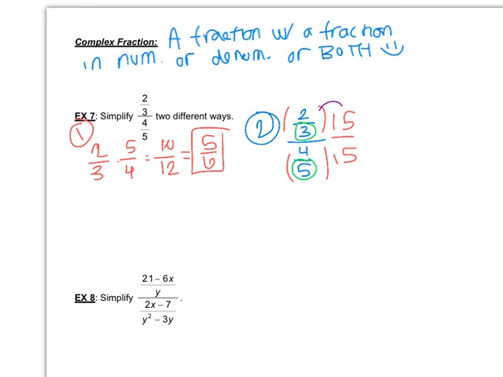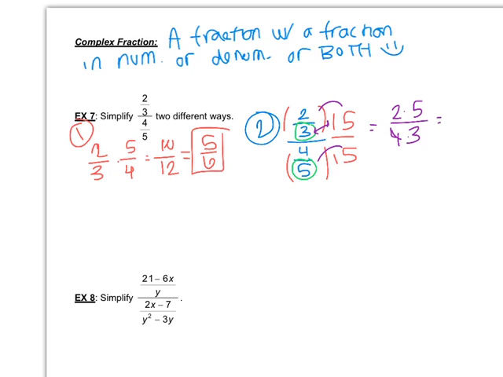So when I multiply 15 by 2 divided by 3, the 15 divided by 3 is just 5. So this ends up simplifying to 2 times 5. And then in the denominator, when we do 15 times 4 divided by 5, that just simplifies to 3, so that's just 4 times 3.